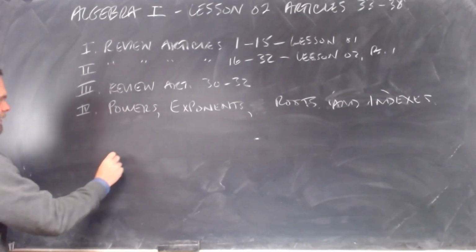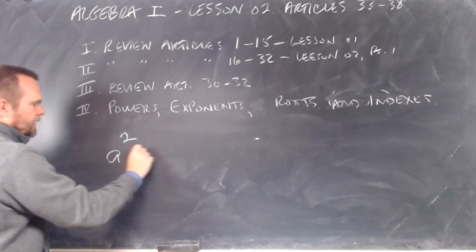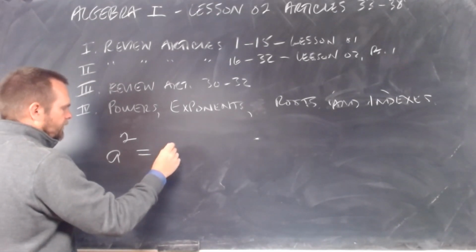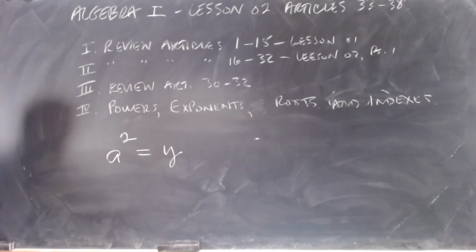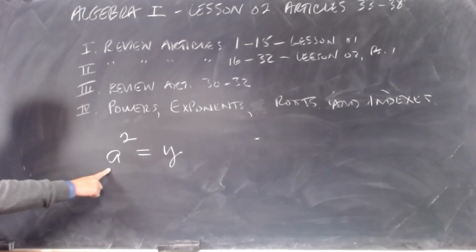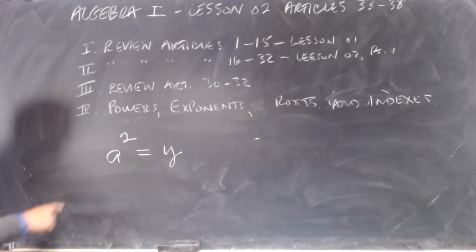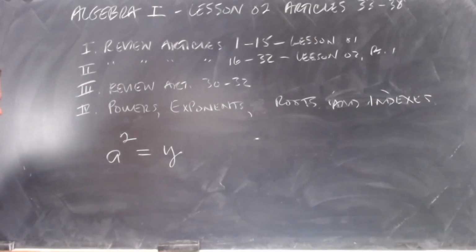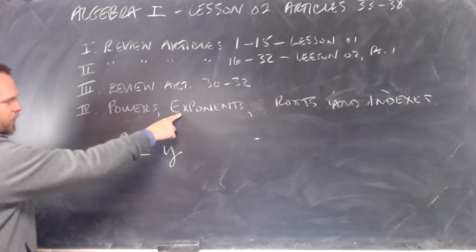So if I take a squared equals, and I just make up a quantity, let's say y. Y is the second power of a. Pay attention. Y is the second power of a. This is called an exponent.